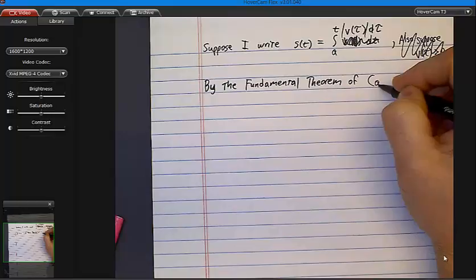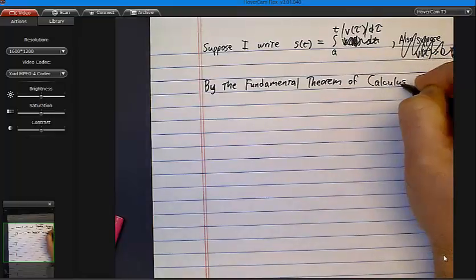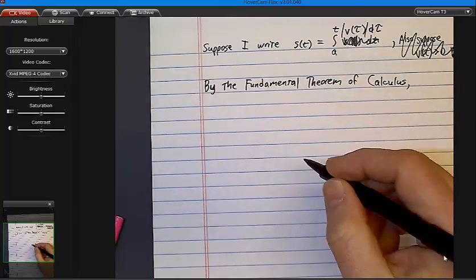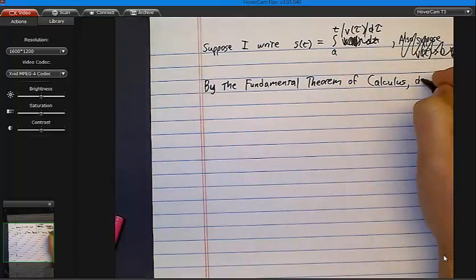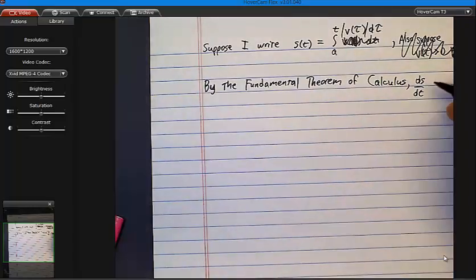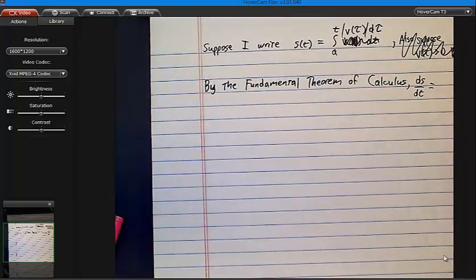So by the fundamental theorem of calculus, we would get, let's see, what's the formula then? ds dt, right, the derivative, s prime of t, has to equal what? Oh, I can see they did a great job of teaching a fundamental theorem.